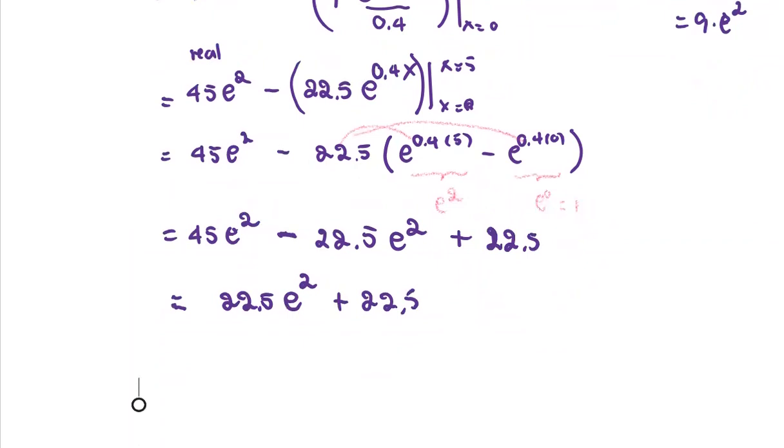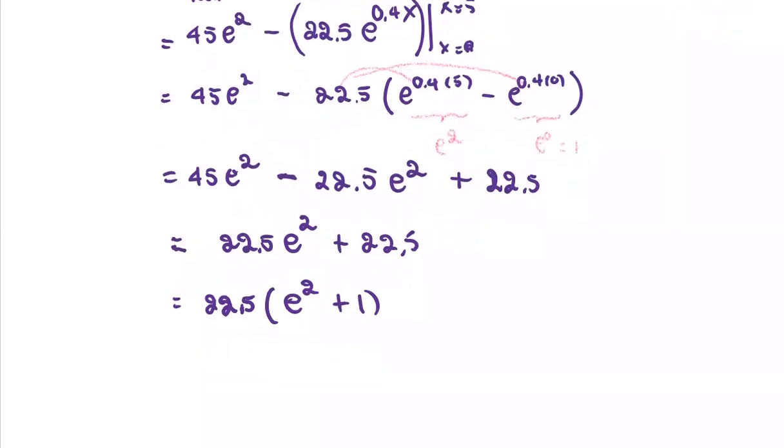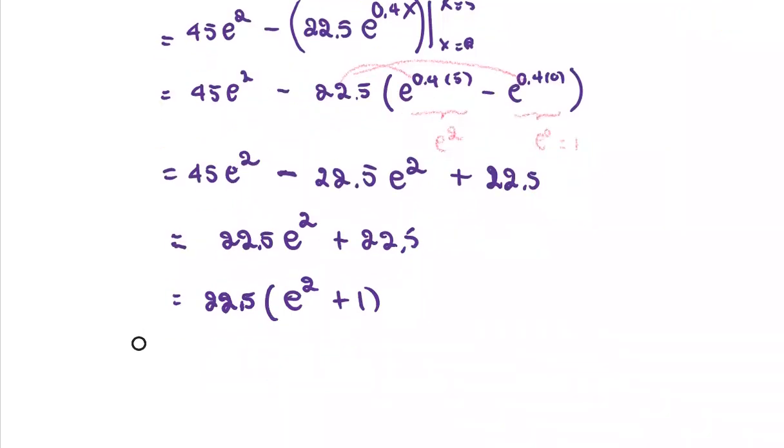Another nice thing, I have the common factor 22.5, and I can pull it out of those two terms, becoming 22.5 times e squared plus 1 as a nice exact number. Then I put it in the calculator. What do I get in decimal form? I have 188.75 as the producer surplus.